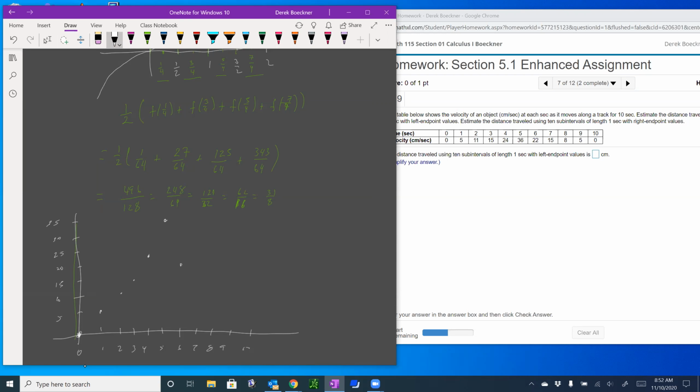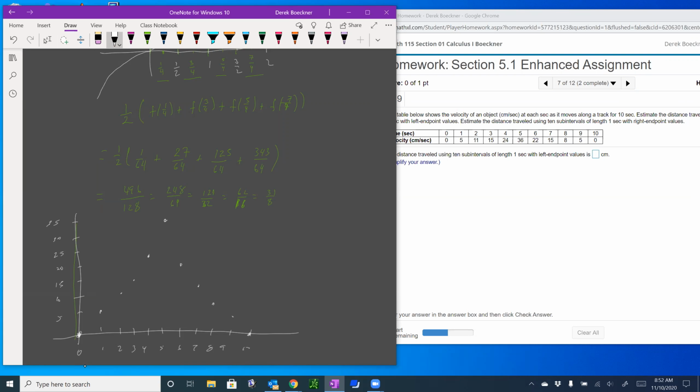At 7, it's going 15. At 8, it's only going 8. At 9, it's going 5. And then it stops at 10 again. So I've got this acceleration up and then deceleration back to 0.